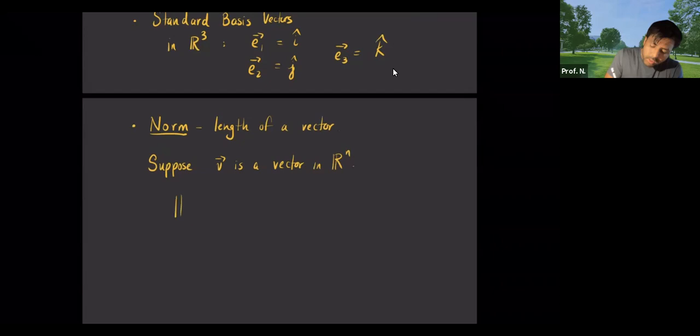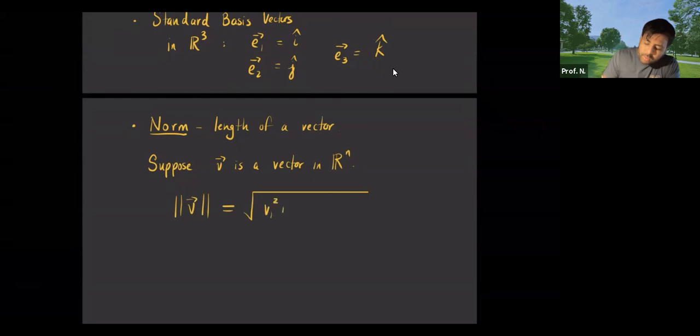Then we were given the notation for the norm, which is two absolute value signs on each side of V. And we saw that this equaled the square root of V1 squared plus V2 squared all the way to Vn squared. So it's the generalized version of the Pythagorean theorem, which we explored last time.